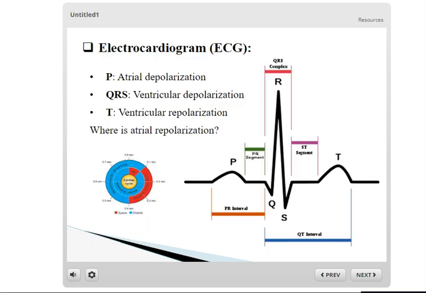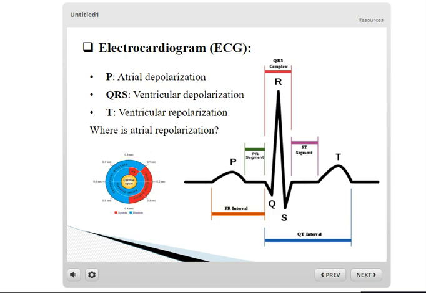In this part of this session, I'm going to talk about the ECG, electrocardiogram. In the electrocardiogram, there are 3 important waves corresponding to electrical events in the heart: P wave, QRS complex, and T wave. P wave represents atrial depolarization, not atrial contraction.